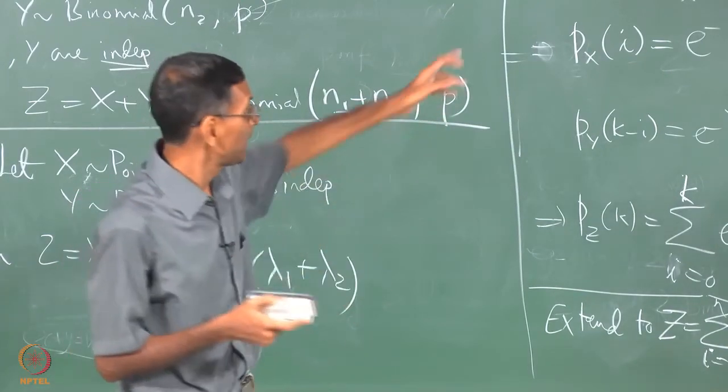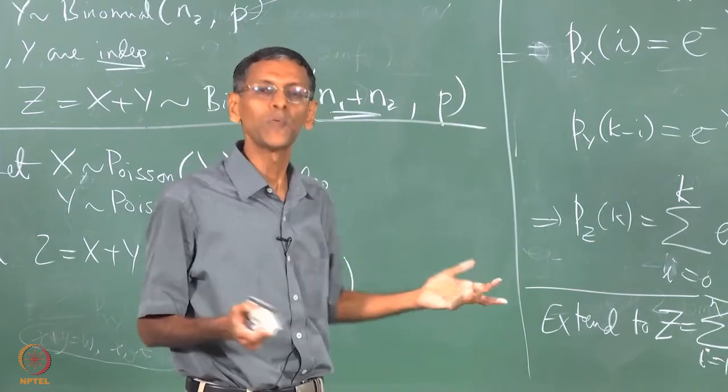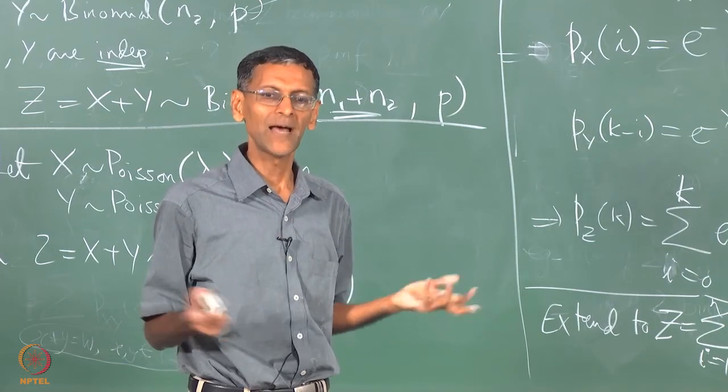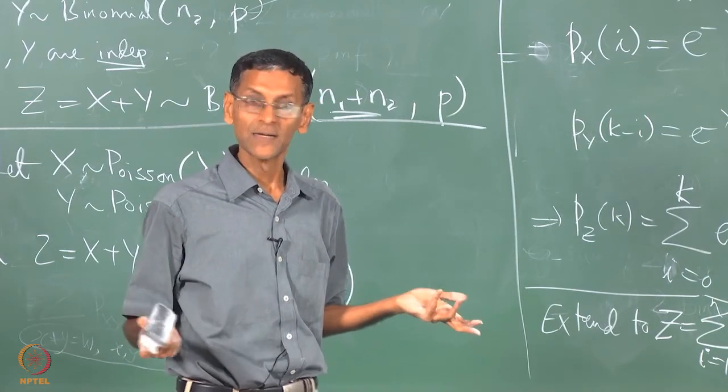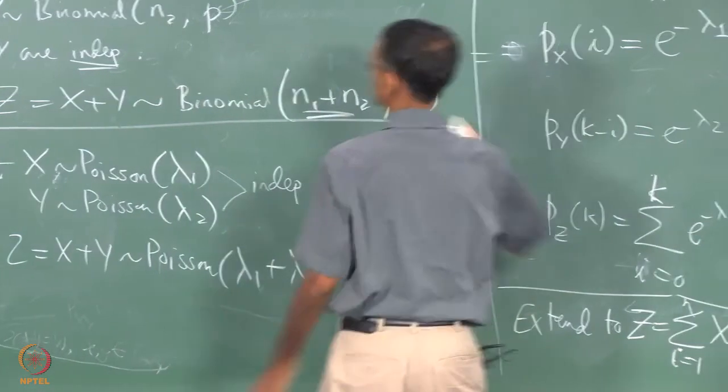Now remember, lambda 1, lambda 2 can be two totally different things. So if I add 2 Poissons with lambda and lambda, I get 2 lambda. So if I add over n, I will get n lambda. Let me write it here.